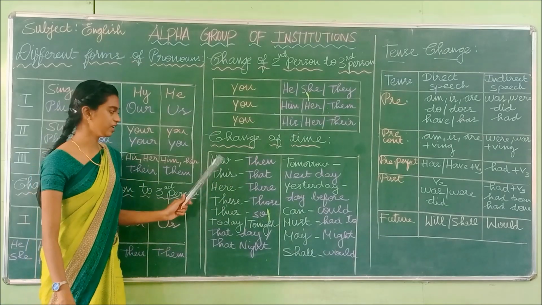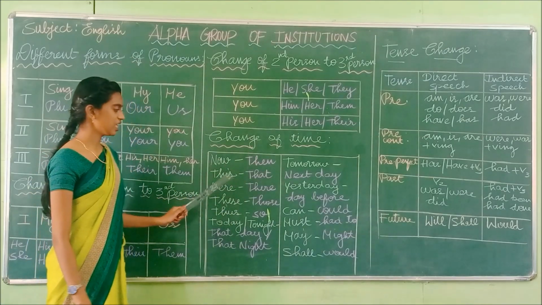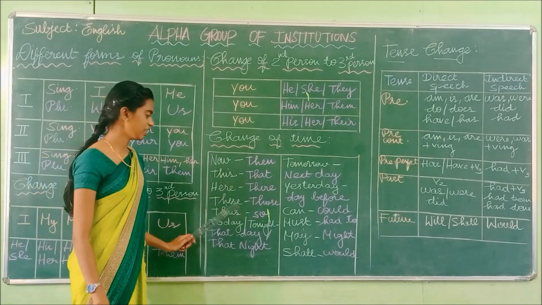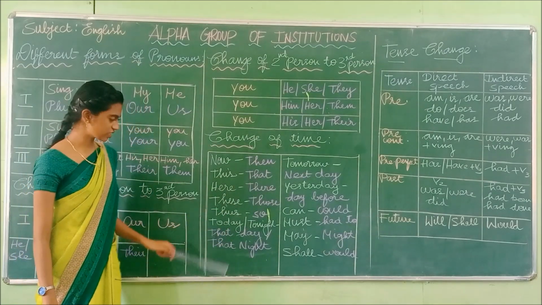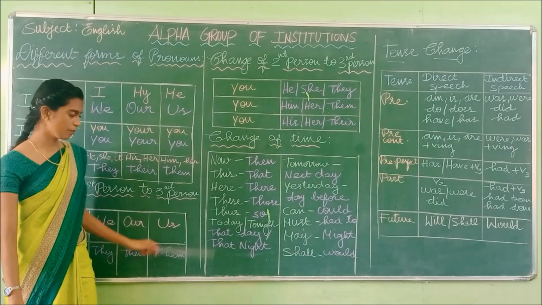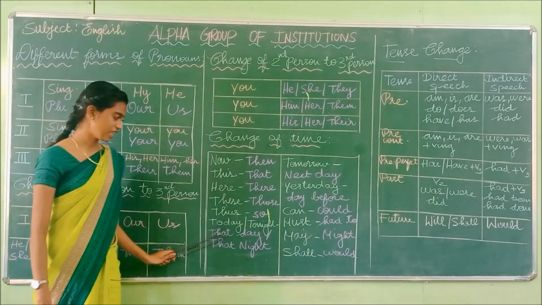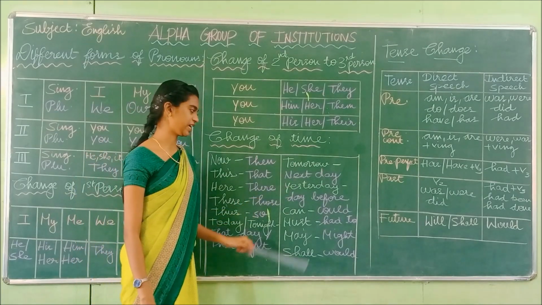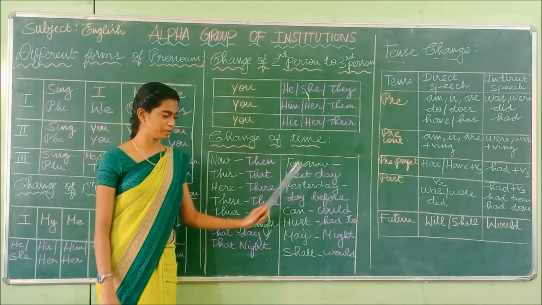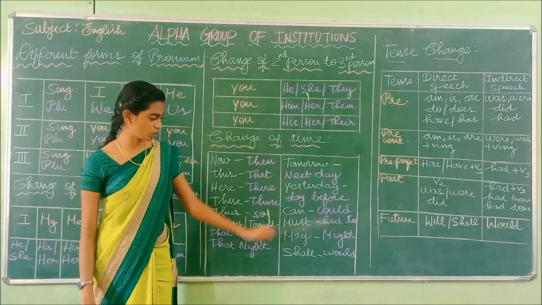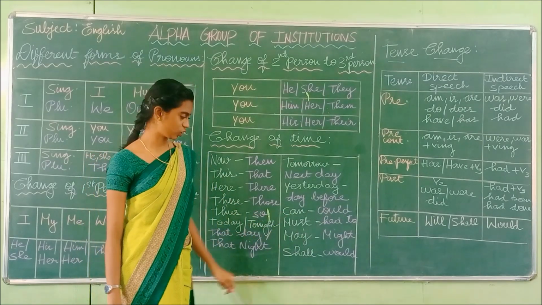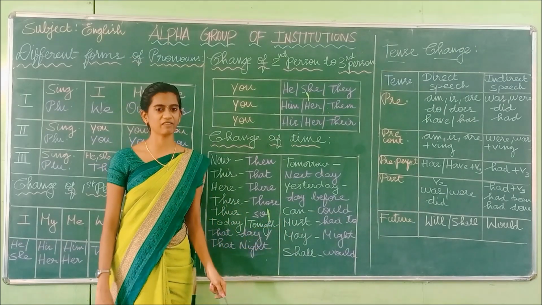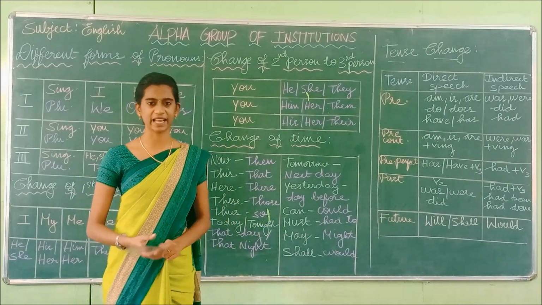I'll say it once again: now, then; this, that; here, there; these, those; thus, so; today or tonight, that day or that night; tomorrow, the next day; yesterday, the day before; can, could; must, had to; may, might; shall, would. Like this we have to change from direct to indirect speech.